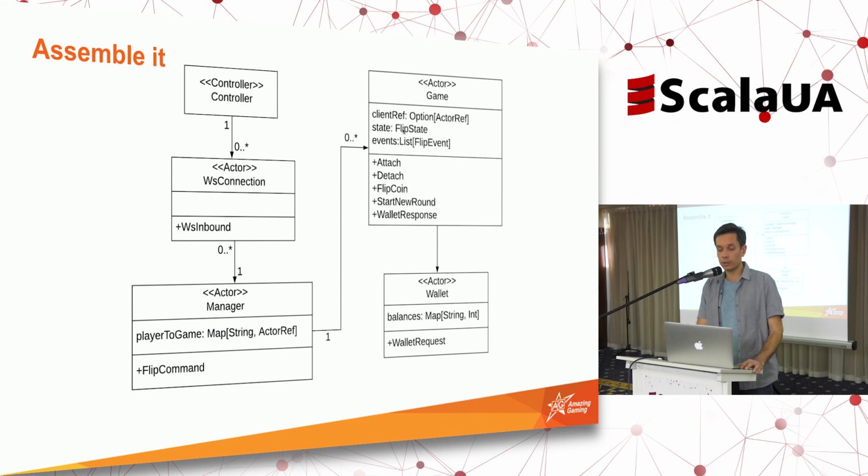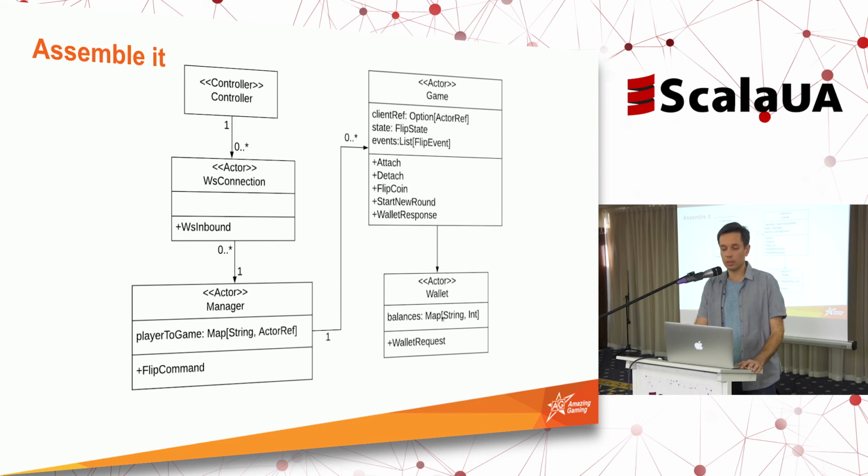And we have already seen this part, the flip state and its internals. We have a reference to the client connection via WebSocket, and this part, the events, is what we need in order to restore the game state back to the point where we left it when we closed the browser or the browser crashed or whatever.